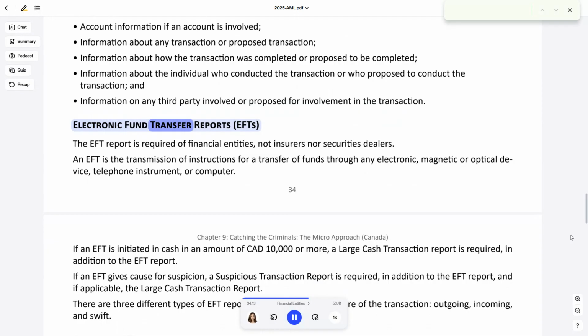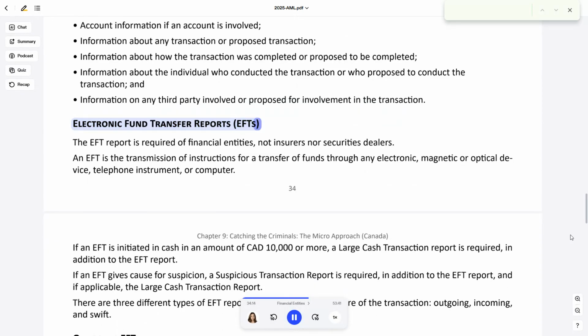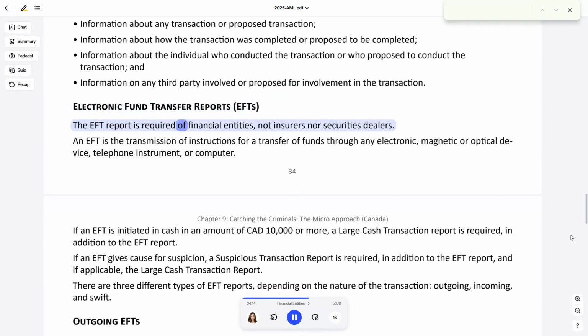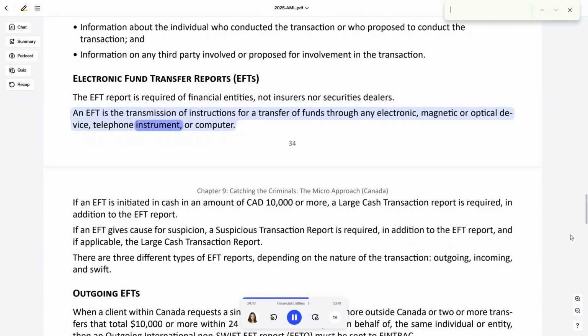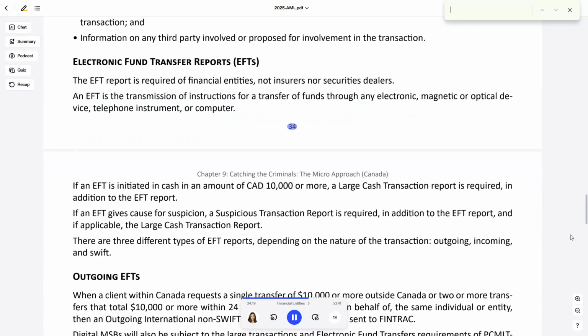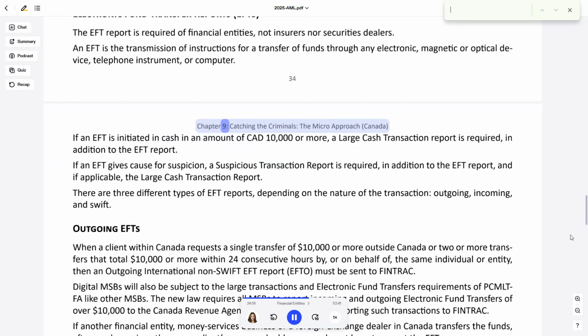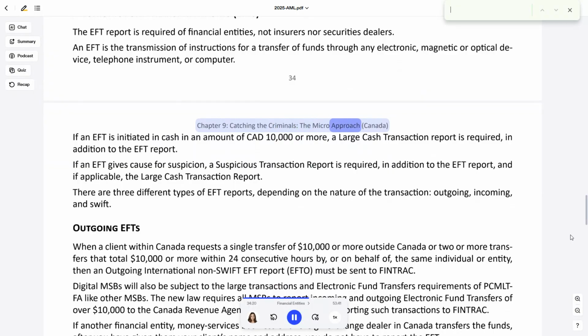Electronic Fund Transfer Reports, EFTs. The EFT report is required of financial entities, not insurers nor securities dealers. An EFT is the transmission of instructions for a transfer of funds through any electronic, magnetic or optical device, telephone instrument or computer. 34. Chapter 9, Catching the Criminals, the Micro Approach, Canada.